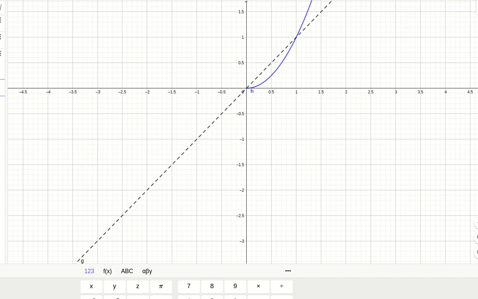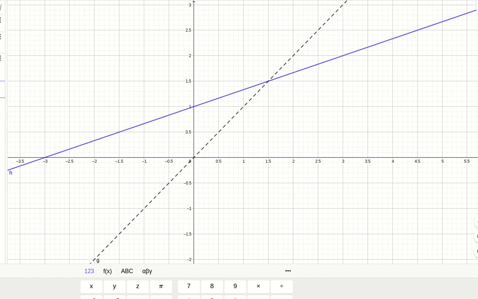Here's our second function, shown in blue, starting at (0, 0), and then crossing the main diagonal at (1, 1). This is actually half of the parabola. This is the positive branch for y equals x squared, and its inverse is the square root. Notice how in green we can see the inverse, symmetric about that diagonal, the dashed line there.